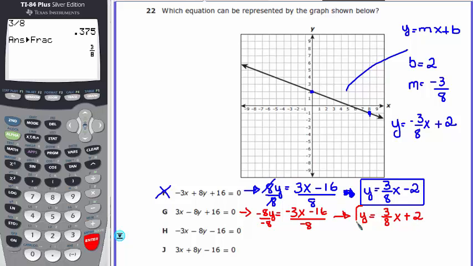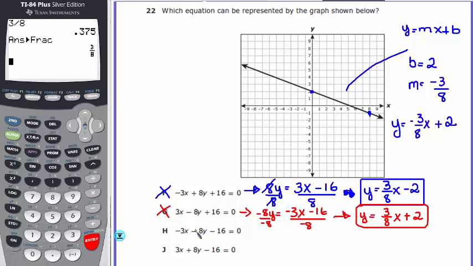This gives me 3/8x plus 2. If I look at the equation I got from the graph, the problem is I don't have a negative slope here, so letter G is also incorrect.